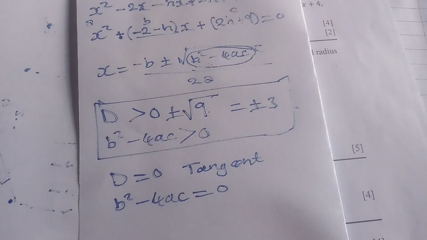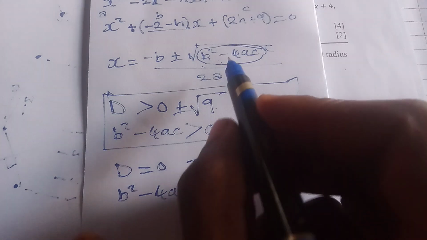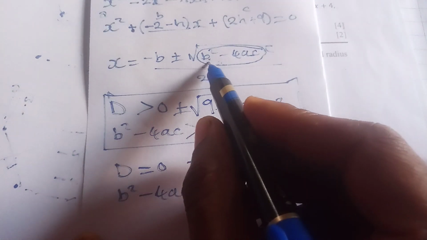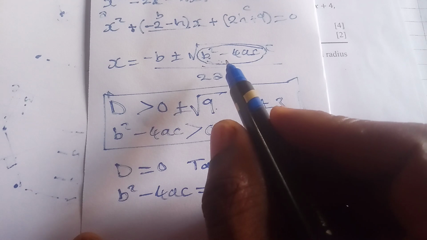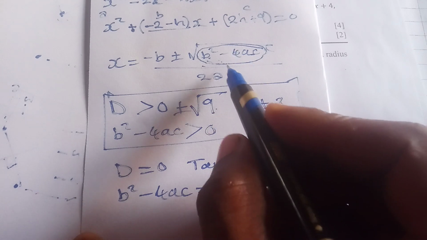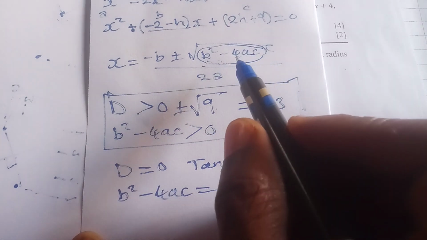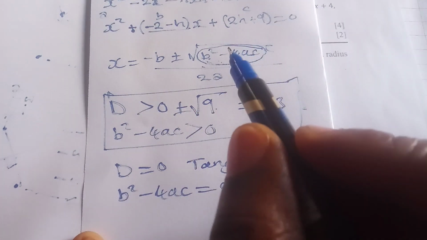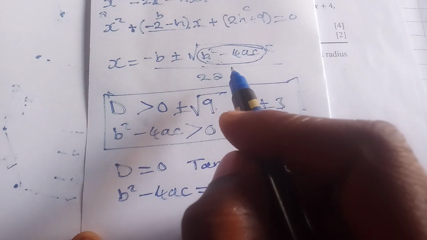And then when the two are not meeting at all, the only possibility is when you have a negative number here. Remember, right now we are only dealing with real numbers. So if the curve and the line are not meeting, it means you can't solve those two equations simultaneously.